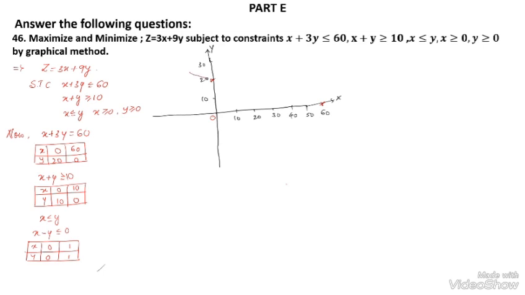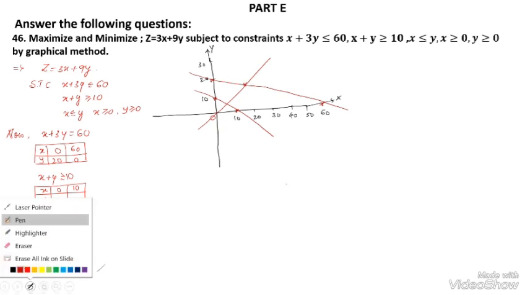I can draw a line joining these 2 points. Now let us take equation number 2. At x equals 0, y becomes 10. Similarly, y is 0, x is 10. This is the representation. For the third equation, the graph is of this form. Here, I can take these 2 points.